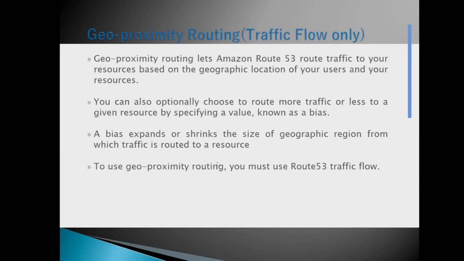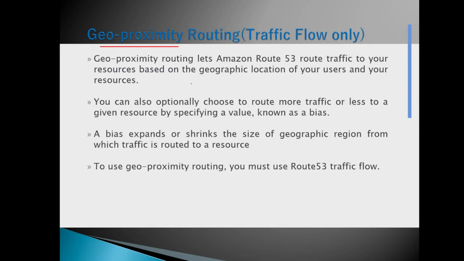Now, geoproximity routing. What is geoproximity routing? And it is done by traffic flow. So geo-based routing, you can say, if you want to create a bias. Just as of now there is a war going on between Russia and Ukraine, and you want to limit users from that area from accessing your website.